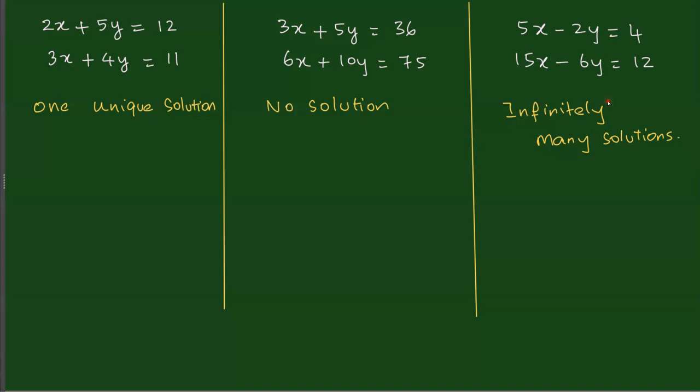Okay, so there are terms that are basically used. Here you can say that these two are 2 independent equations, because they're not dependent on one another. Independent equations. Sir, only the left hand side is dependent.